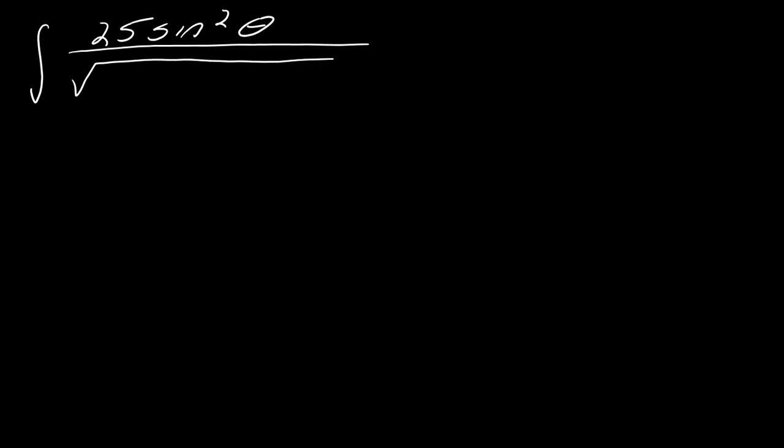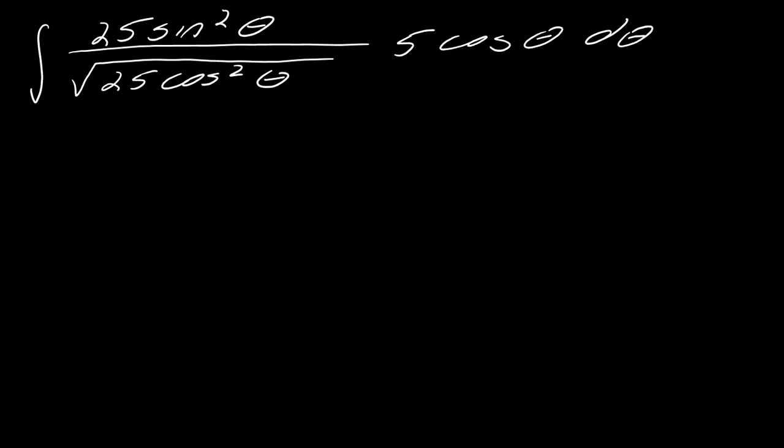So I can rewrite this now as 25 sine squared theta over the square root of 25 cosine squared theta, and then don't forget all this other fun stuff over here. Okay, cool. So now we can simplify this square root.